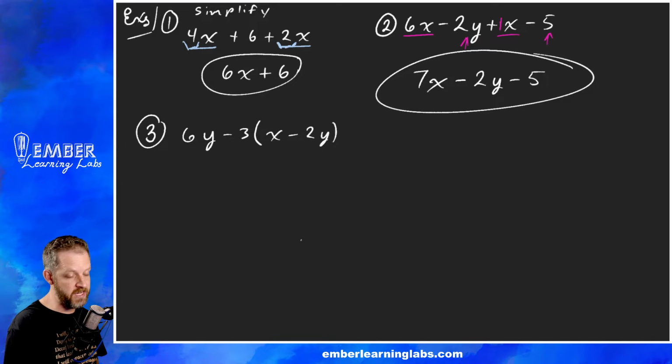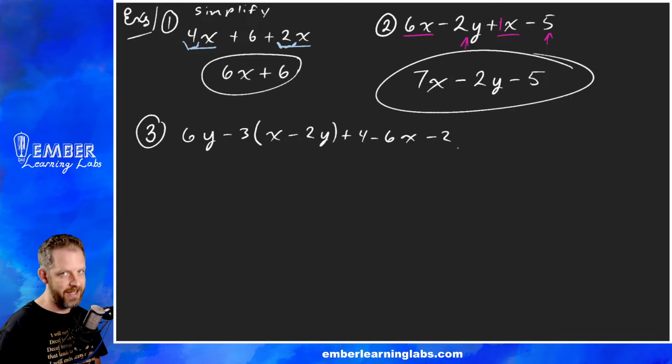Now, if you watch our last video on distributive property, then you probably have an idea about something we're going to do. And then we're going to do plus 4 minus 6x minus 2.